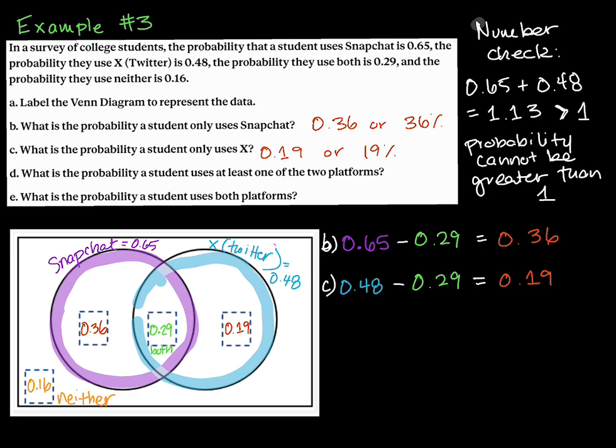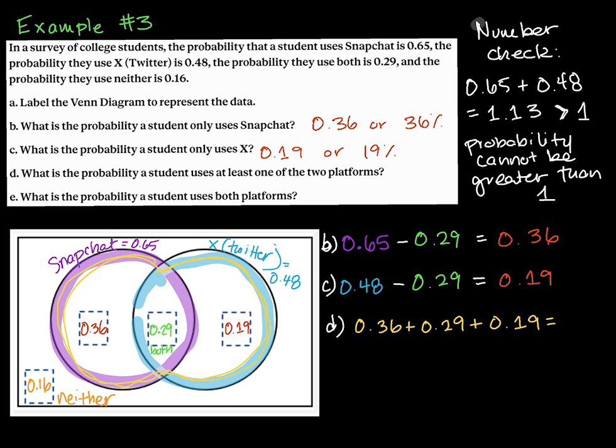Now for D, we are asking what's the probability a student uses at least one of the two platforms. That means we are looking for everything that's in this circle or this circle. So all we have to do is add up those three numbers: 0.36 plus 0.29 plus 0.19.